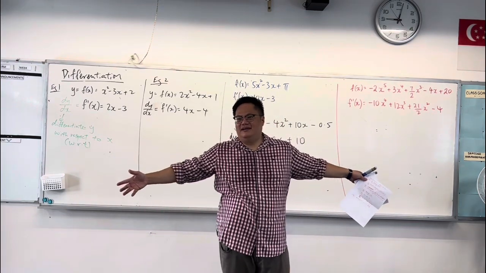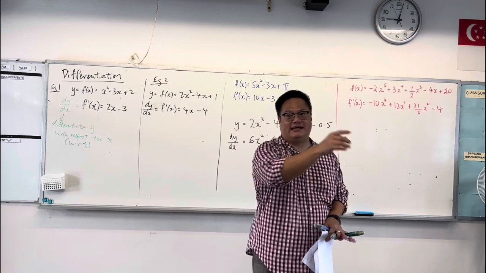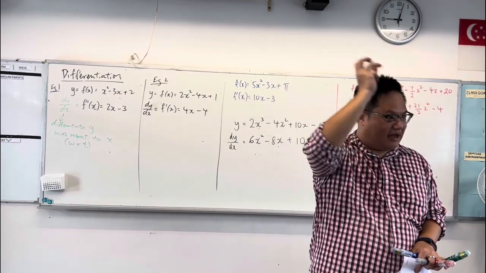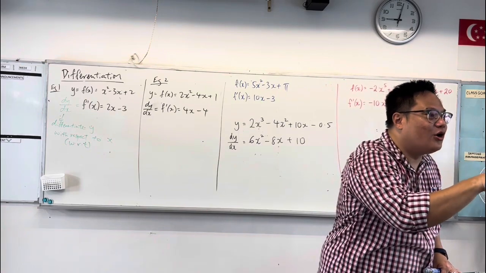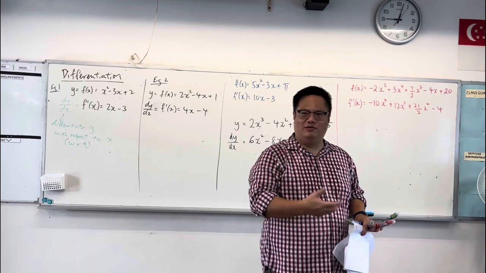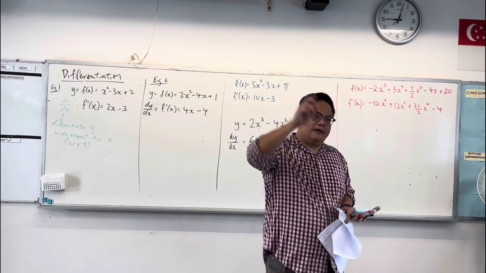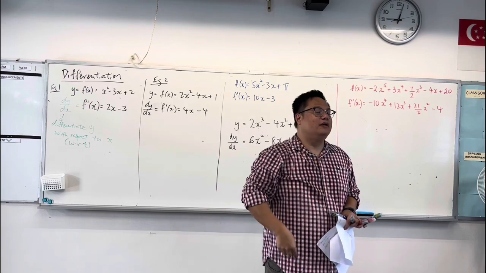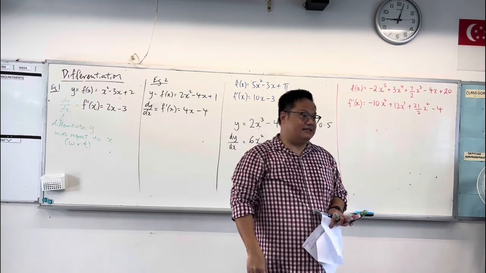You hear that? Okay, I rephrase what she said. Basically, she just said that the power, you just bring it down and multiply it to the coefficient. Notice, she doesn't say number. Wow, we know our jargon, right? Coefficient. Power, bring it down. The index, the exponent, you bring it down, multiply to the coefficient. Is that all, my dear Rachel?